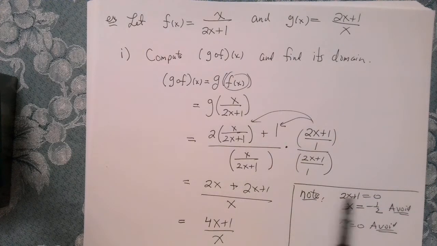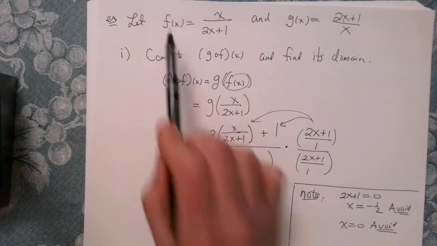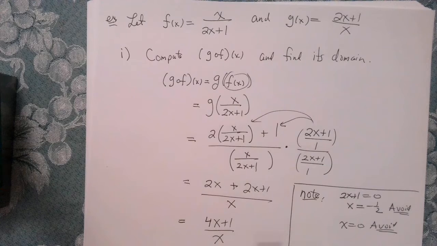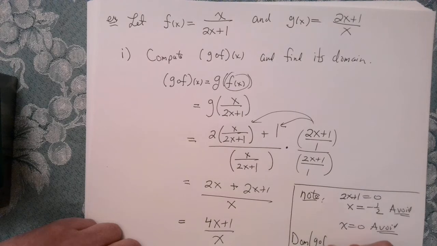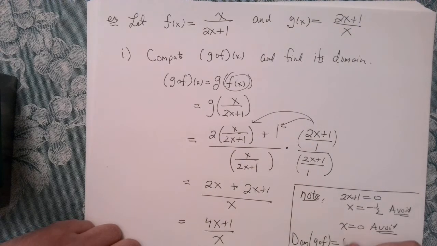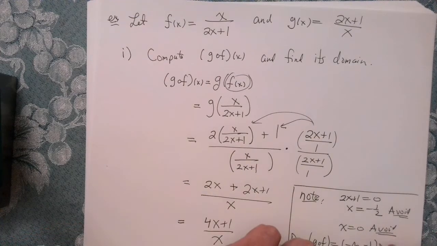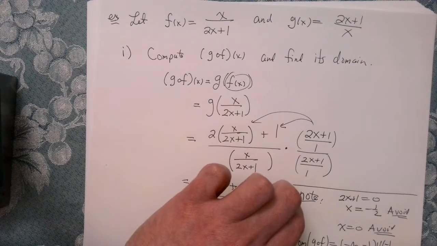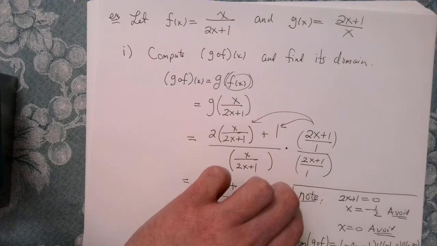But see if there's any values that are illegal from the first function, and then the ending function. We're going to avoid them. So then I can say that the domain of g after f is exactly minus infinity to minus 1/2, union minus 1/2 to 0, union 0 to infinity.